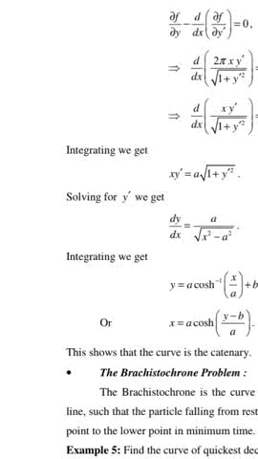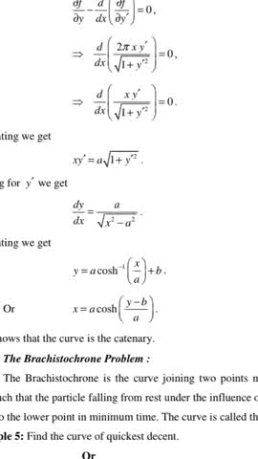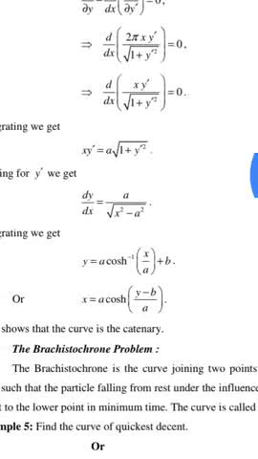dy by dx is equal to a divided by square root of x square minus a square. Integrating, y is equal to a cos hyperbolic inverse of x upon a plus b, where b is the constant of integration.